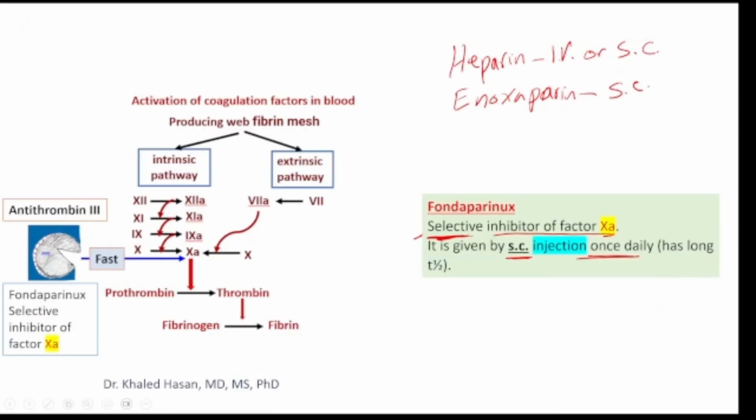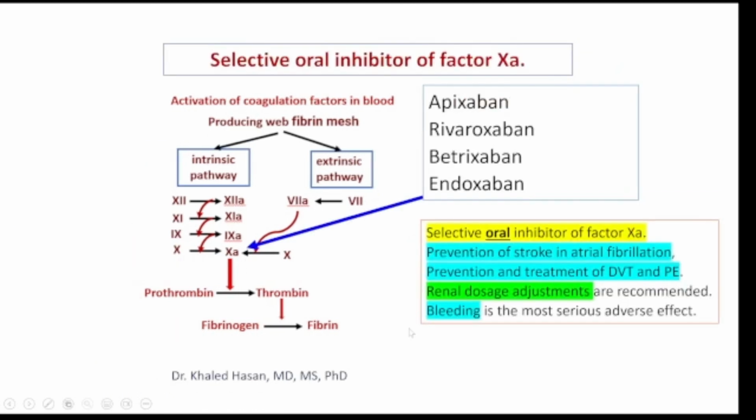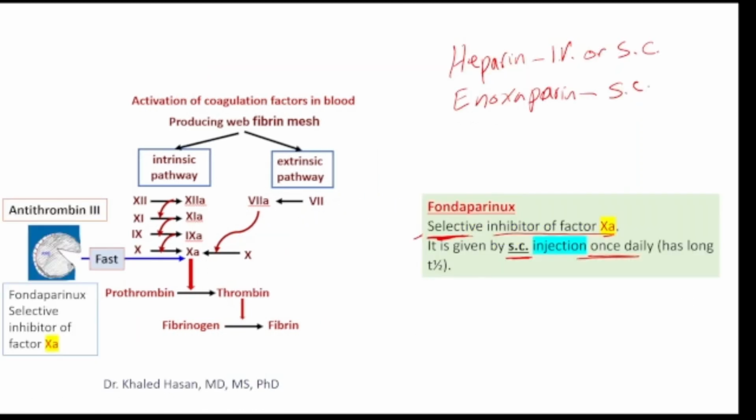Okay, moving back to our lecture. We already discussed three medications with you. This is number 3, fondaparinux, and this one is subcutaneous. The difference is that this one affects factor 2A and factor 10A.